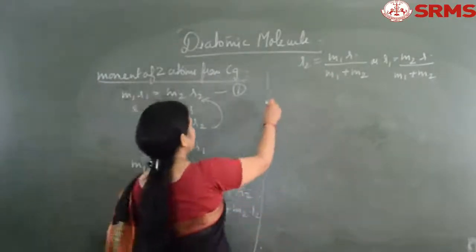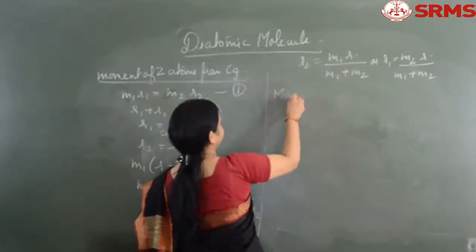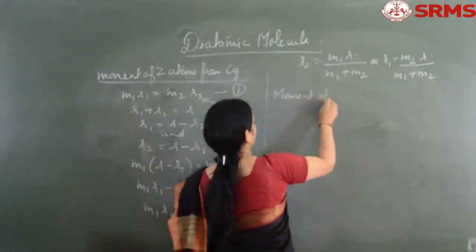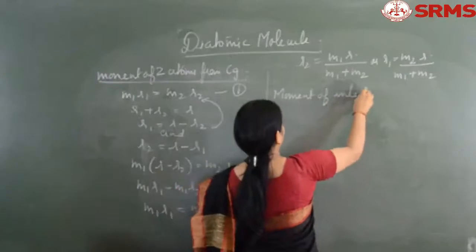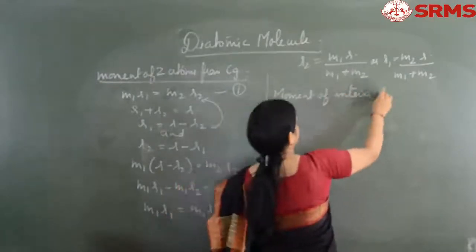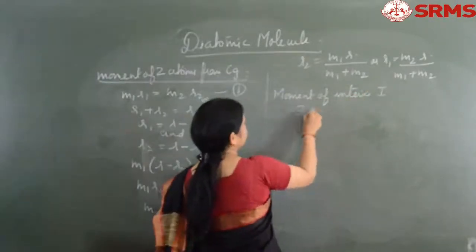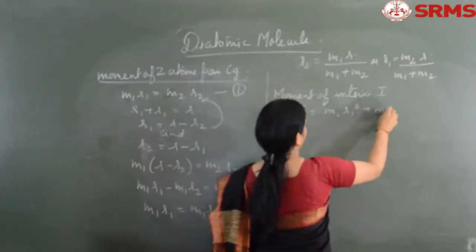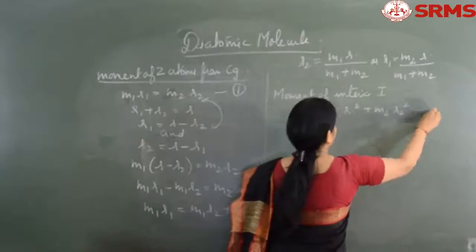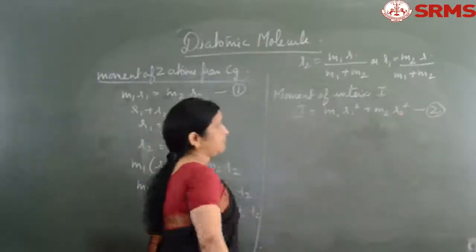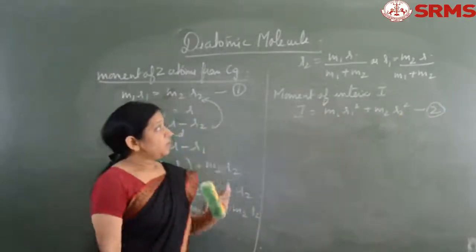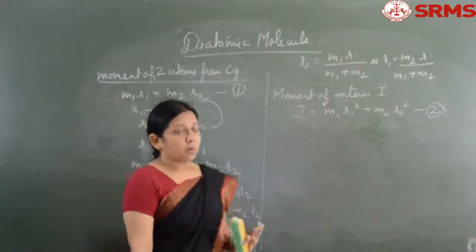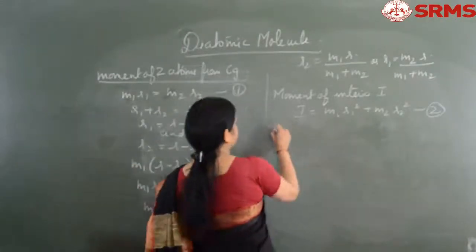Next, the moment of inertia. The moment of inertia, which is denoted by I, is given by m1 r1 square plus m2 r2 square. So this is the second equation. So I put the values of r2 and r1 in equation 2.